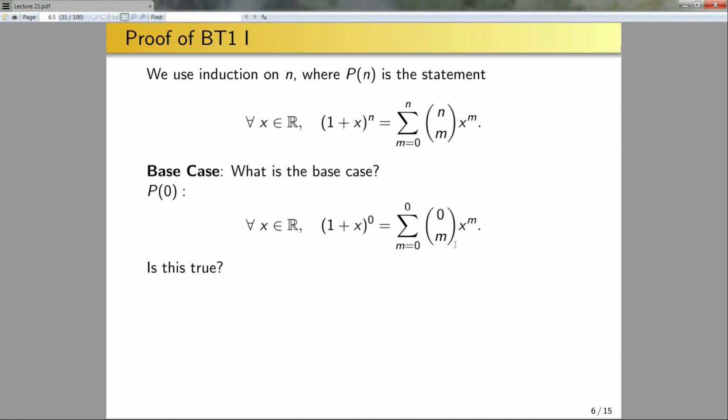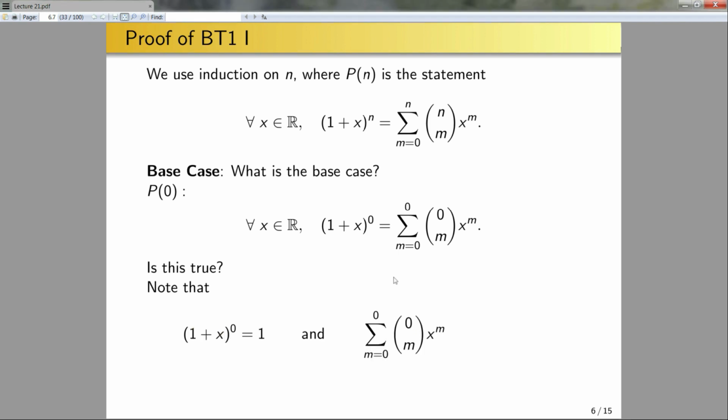Well, is this true? Let's examine the left-hand side and the right-hand side. x plus 1 to the 0 is equal to 1, because anything to the 0 is 1. If you want to be really cautious here, you could say, what if x is equal to minus 1? Then I have 0 to the 0. Is that still 1? Well, yes, within this context.